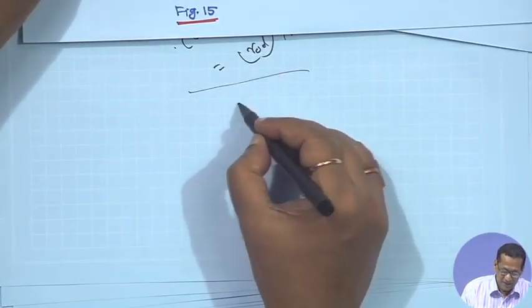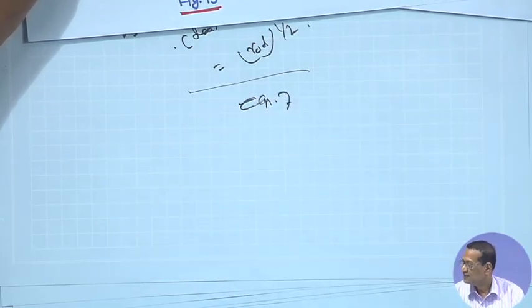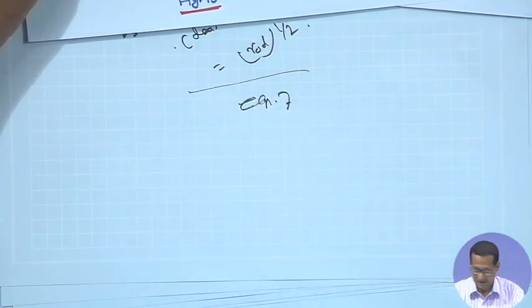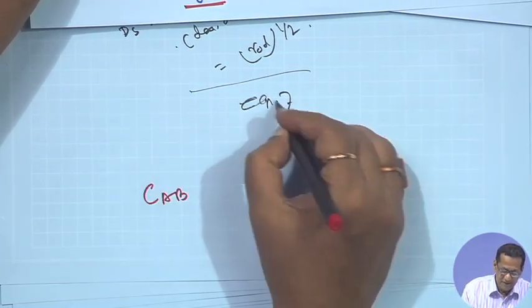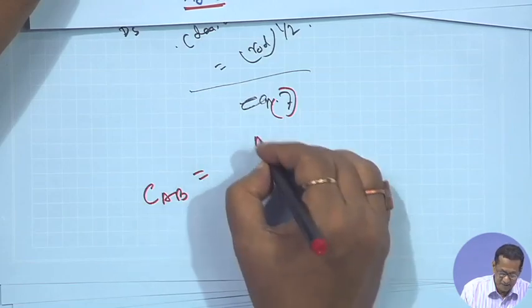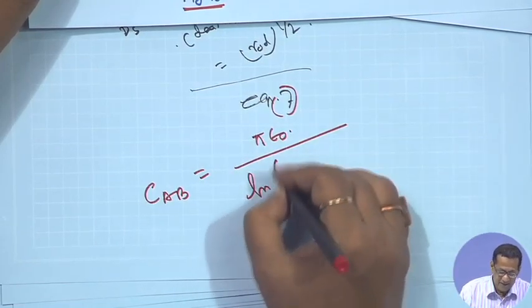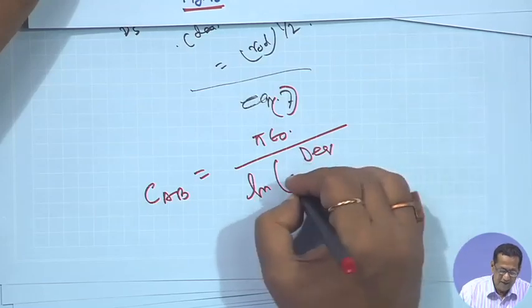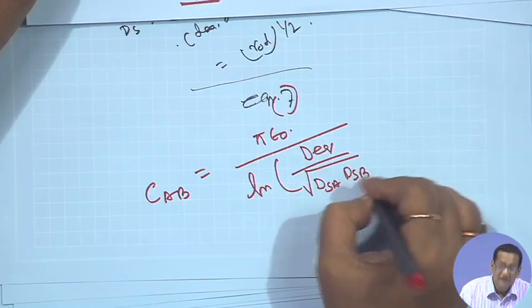This equation 7 can be written as CAB is equal to pi epsilon 0 ln dEQ by root over dSA dSB.